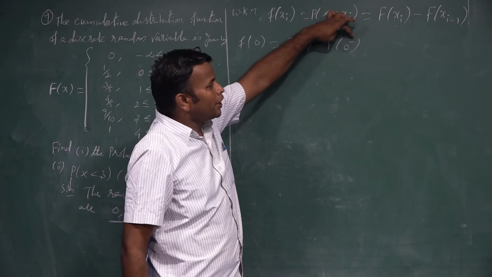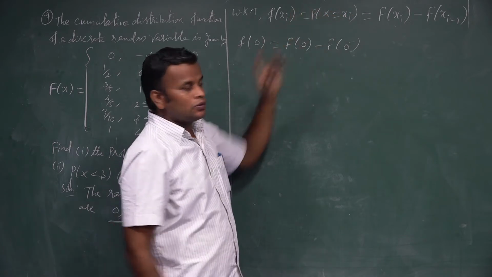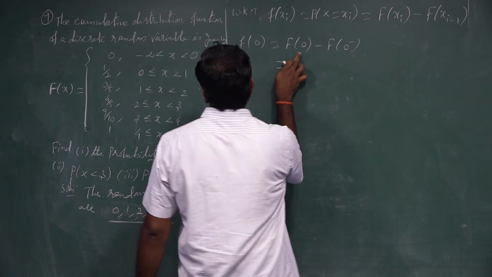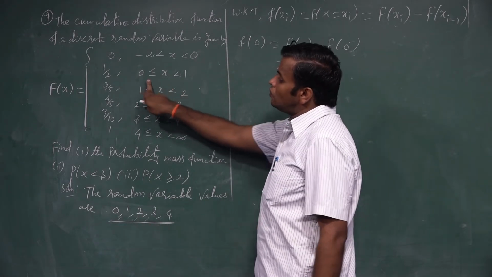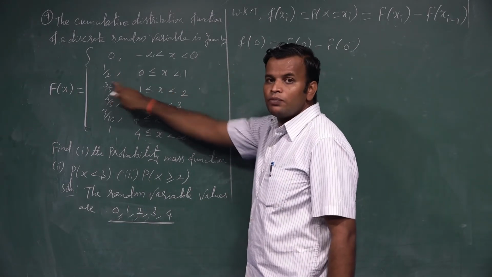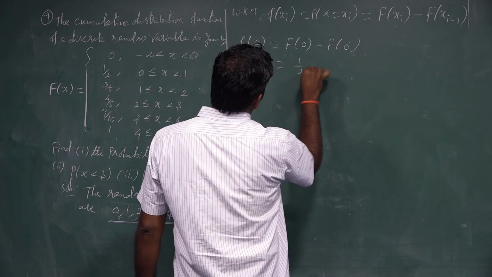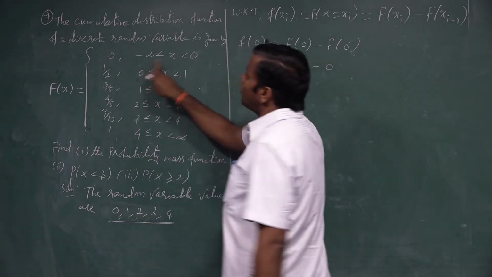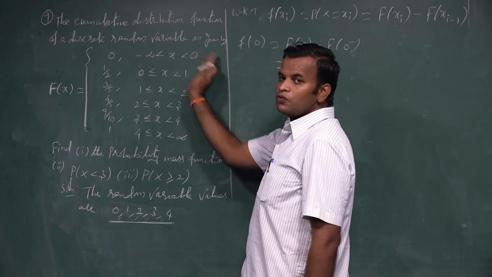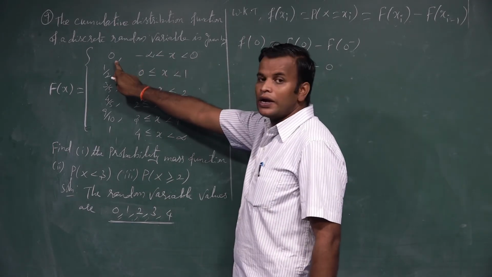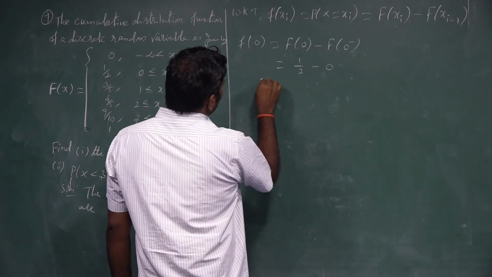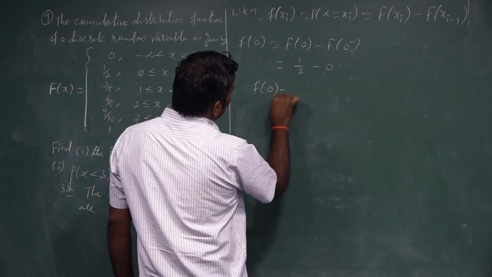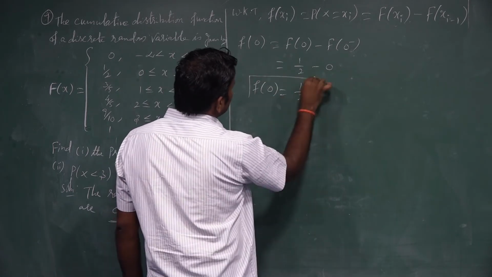What is the meaning of 0 minus? The previous value of 0. F of 0 is given in the question. When x is 0, F of 0 is 1 by 2, minus F of 0 minus. Before 0, that value is defined as 0.